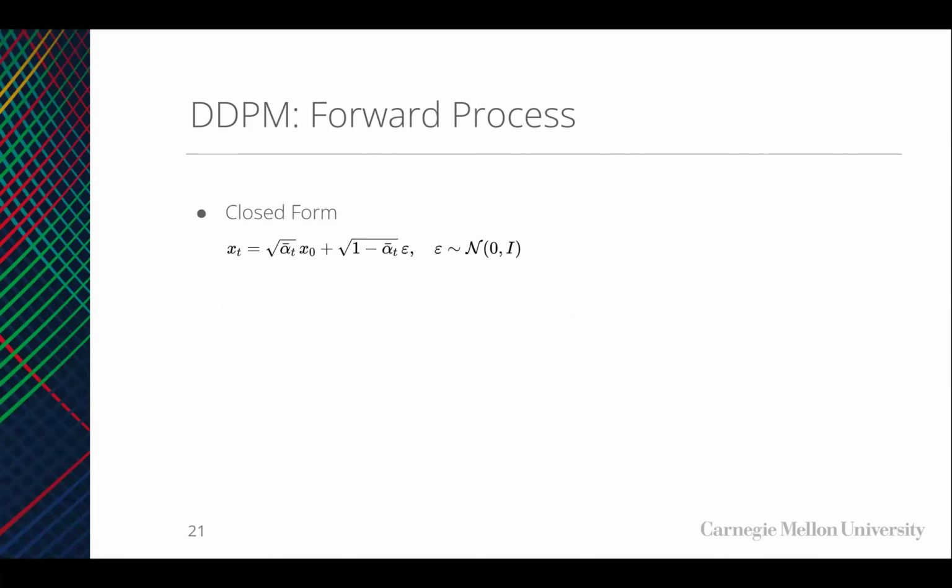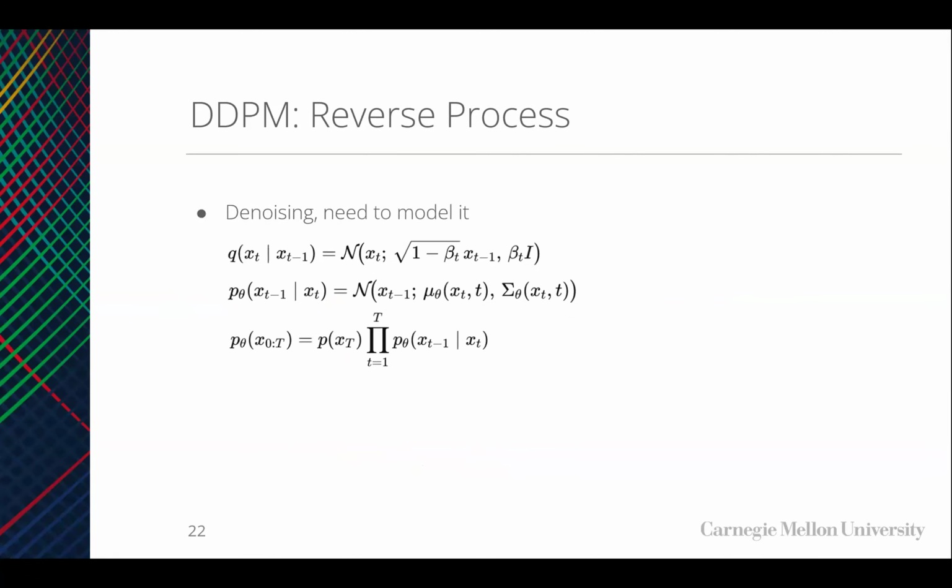Yeah, this is what we had. And for the reverse process, we have to model the reverse of adding noise, which I think is analytically not solvable. So we're going to model it. We're going to assume that it's a Gaussian distribution. I think it's probably not, but we're just going to assume it, and we again use the reparameterization trick.